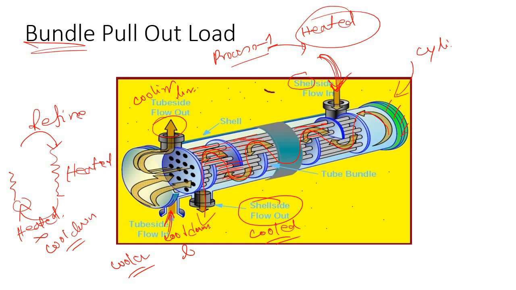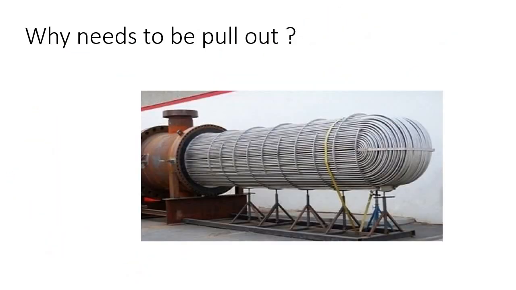So this is the basic process, and in this process, as a structural engineer, what is your function? You have to make sure that whenever all these tubes are taken out from the shell, the structure is stable.